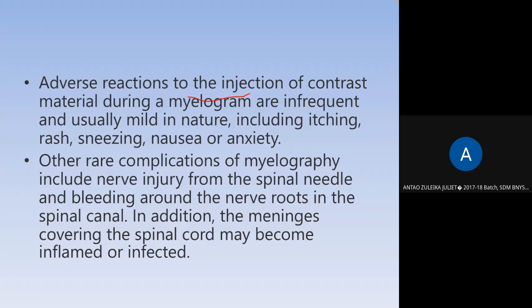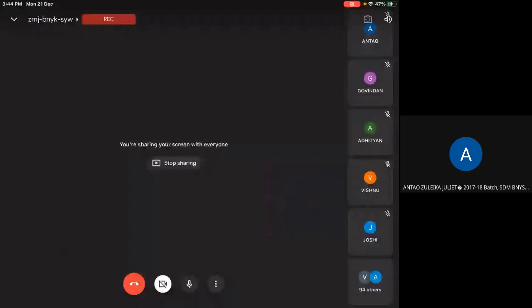Adverse reactions can present as itching, sneezing, nausea, anxiety, all that we know, and other complications such as injury to the spinal cord or meninges. If you are not taking proper aseptic precautions, you can introduce an infection into the spinal canal and it can present as meningitis. Meningitis is inflammation of the brain parenchyma or the layers covering it.